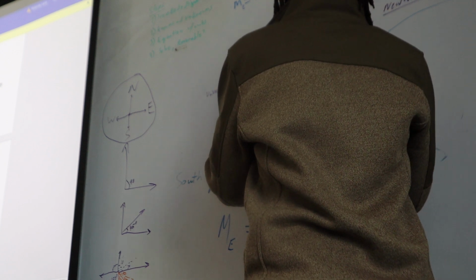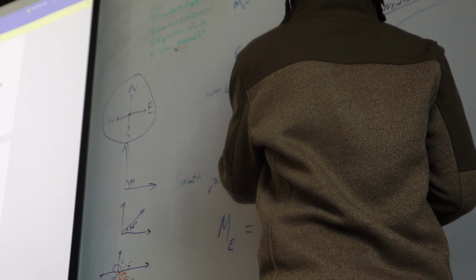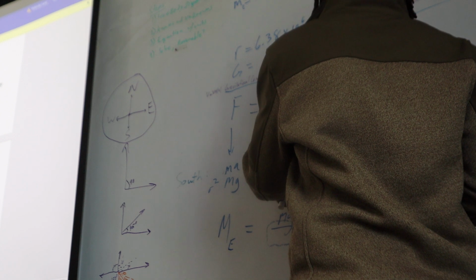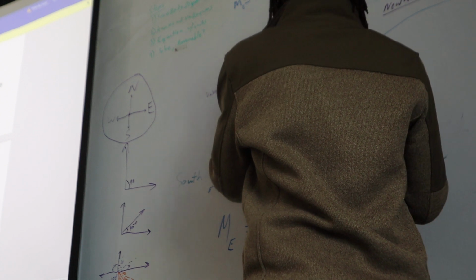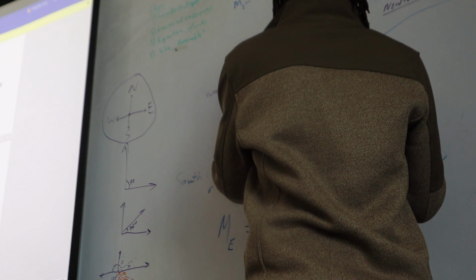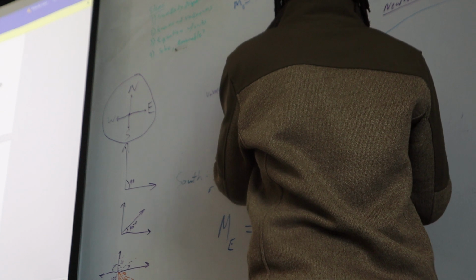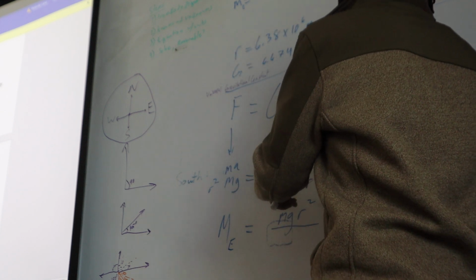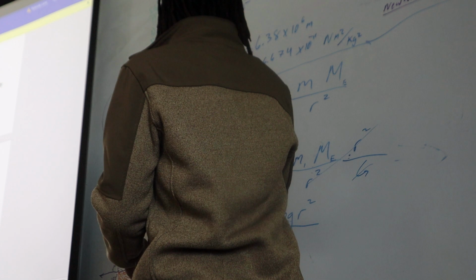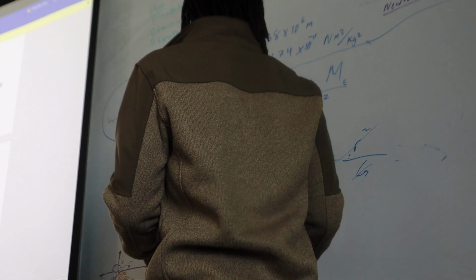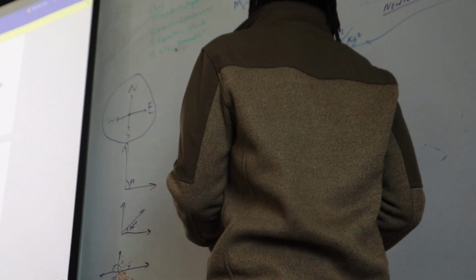And then I have to divide by G, right? Because that's being multiplied. So divided by big G, so that those can cancel out.